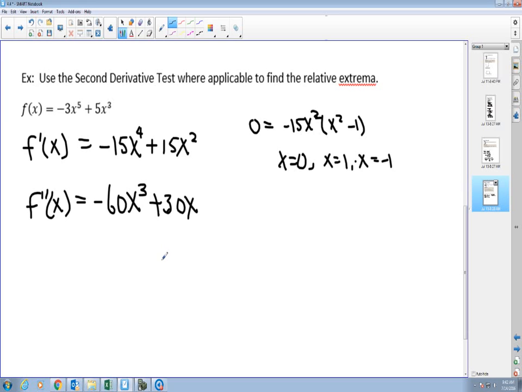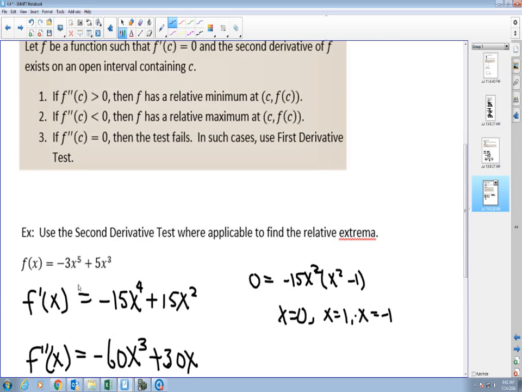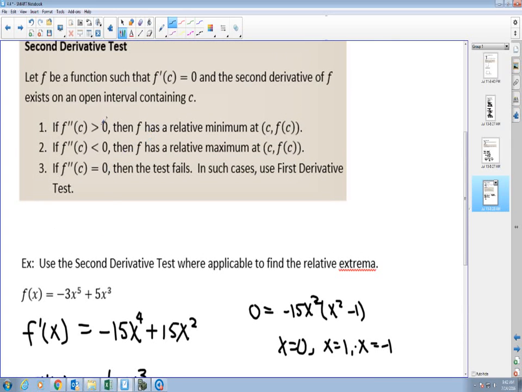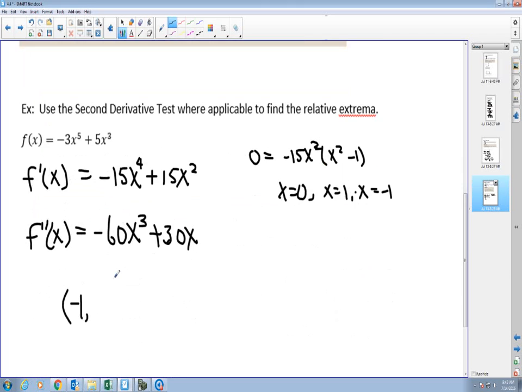Instead, I'm going to go back and look at my critical value, negative 1 for x. Is this a relative minimum or maximum? That's what I'm trying to find out.